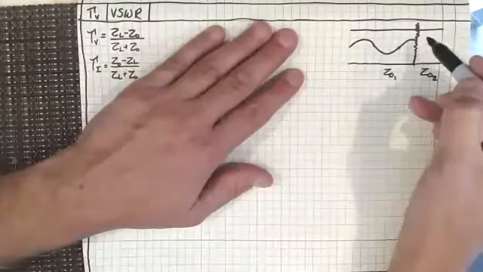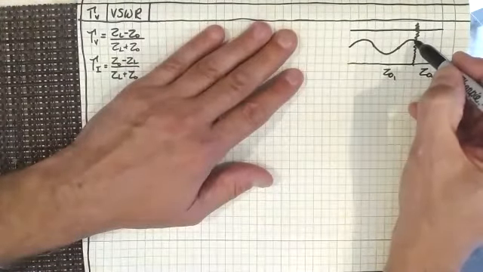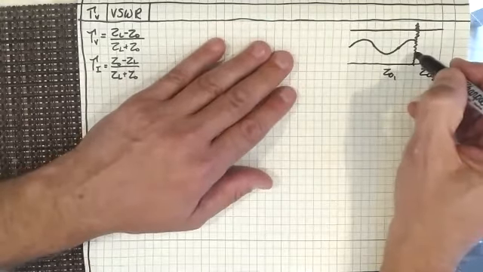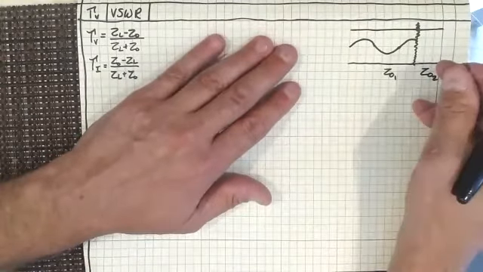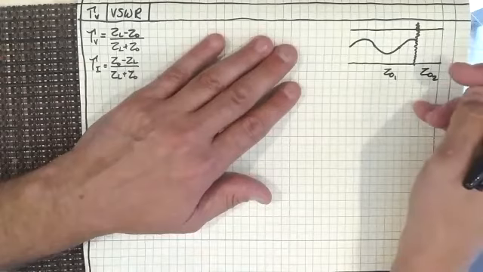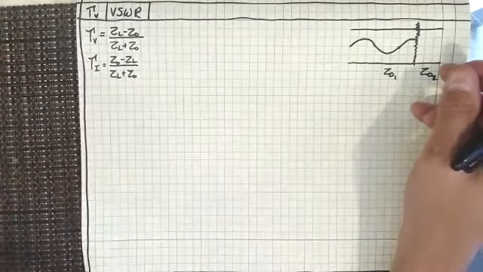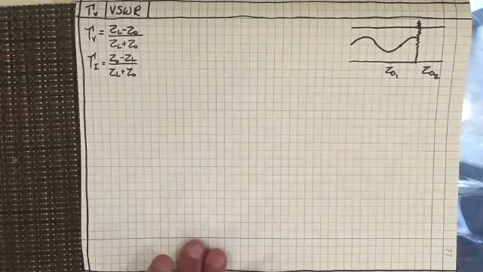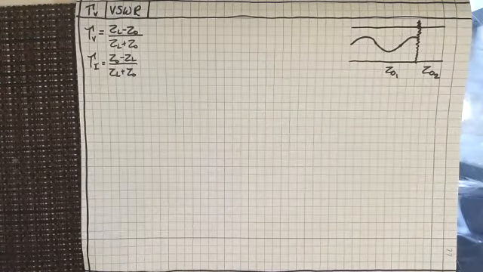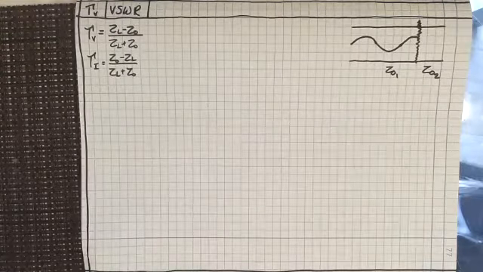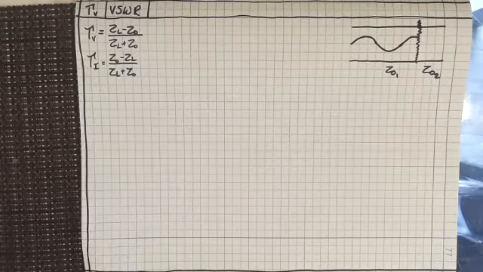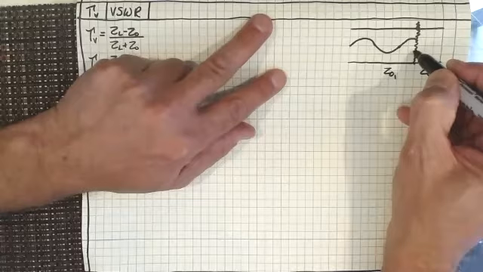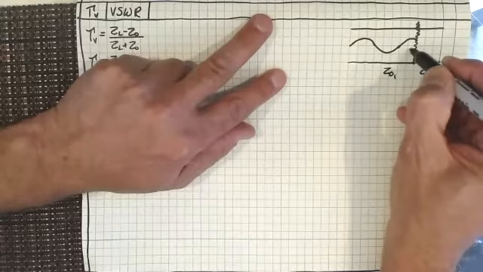Now, what happens here at this interface? Sometimes the reflection coefficient can be positive, sometimes it can be negative. Positive means that it's going to be in phase. Negative means that it's going to be out of phase. You can have either one of those, but what happens is that there's a reflected wave back along here.